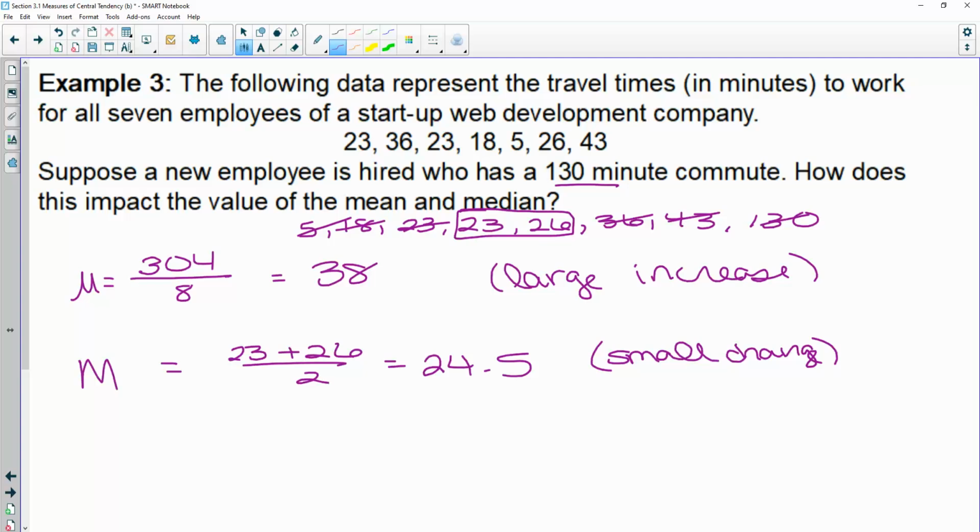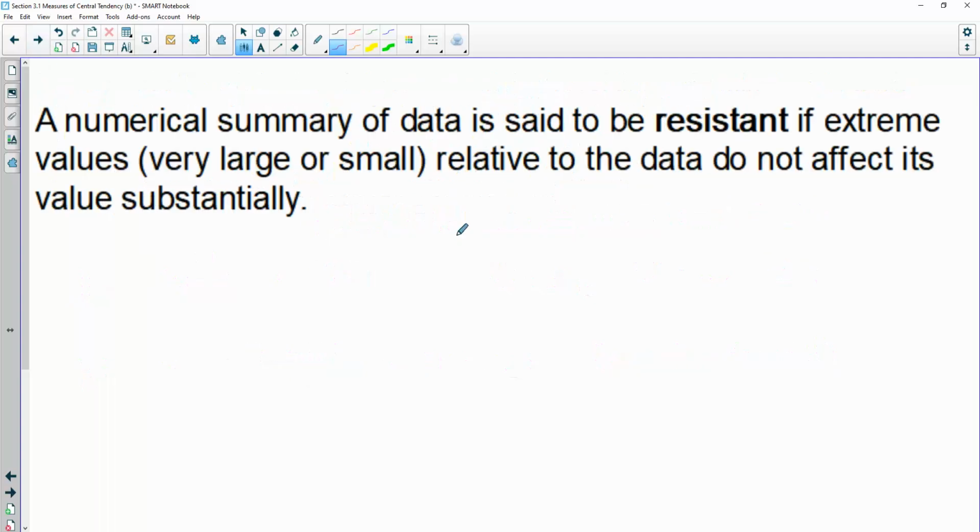The median doesn't do as great of a job of giving us the average or the middle, but if you throw in a high or low value, does it change it a whole lot? No, it's very minimal change. So the median is what we call resistant.